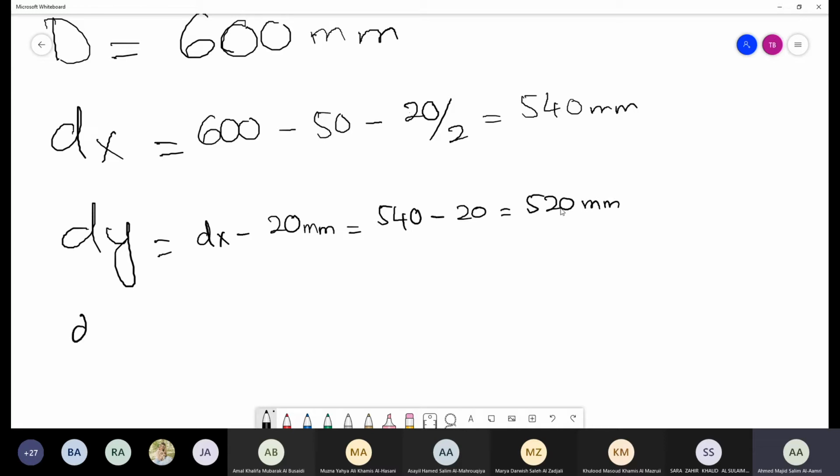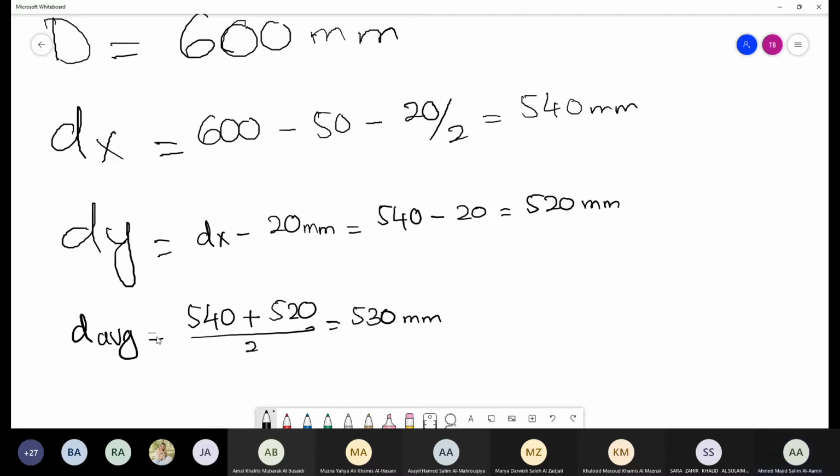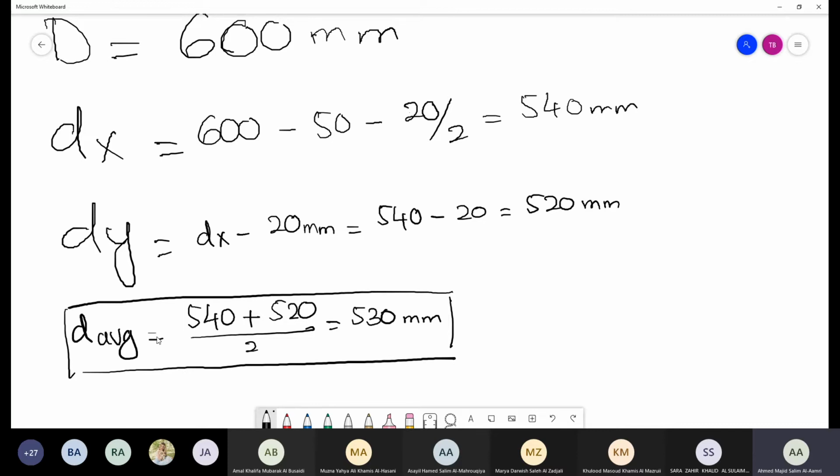And we said we are going to use something called D average, in which we get the average of 540 plus 520 divided by 2, which will give you 530 mm. Okay, so we have got our D average.